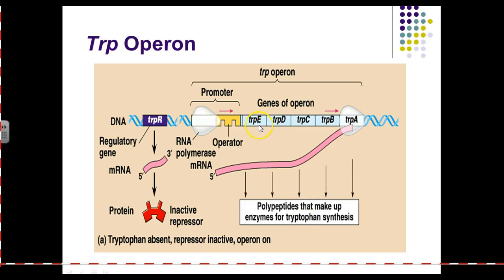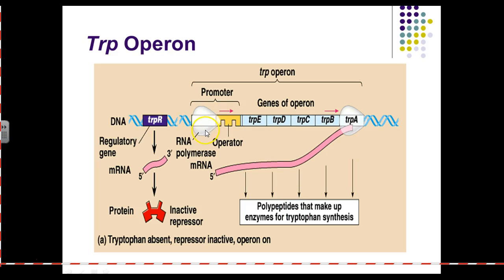You don't need to worry about the letters E, D, C, B, and A. They are just designated by letters of the alphabet, kind of in reverse order here in this particular case. But these are the 5 genes that if they're transcribed into messenger RNA, which is this pink ribbon, and then translation would happen at the ribosome using this messenger strand, then we would actually get the tryptophan.